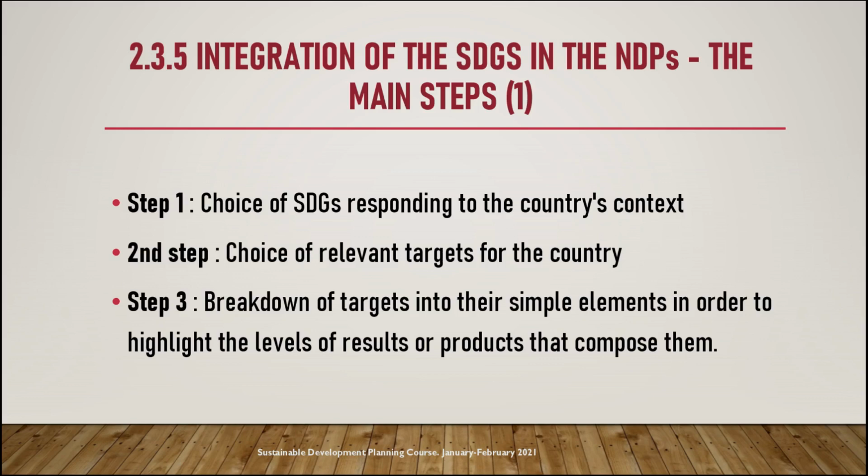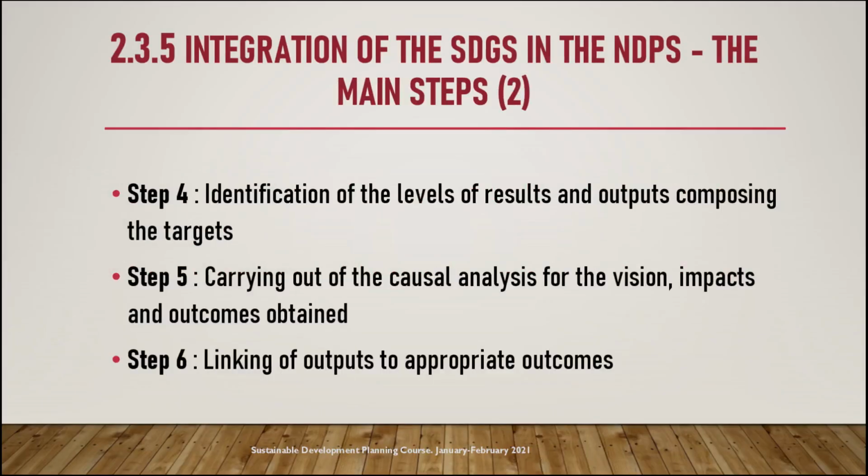Second, to choose also the relevant targets for the country, and then to break down the targets into the simple elements. That's what we've done. We did that table in order to highlight the level of results or products that compose them. And then the fourth step is to identify the level of results that is contained in the last column of the table. And the fifth step is carrying out the causal analysis.